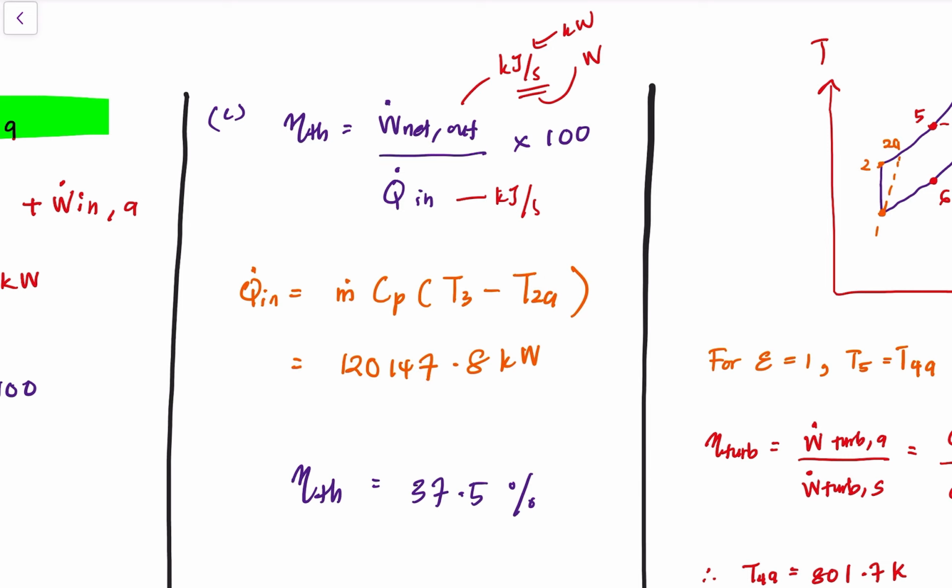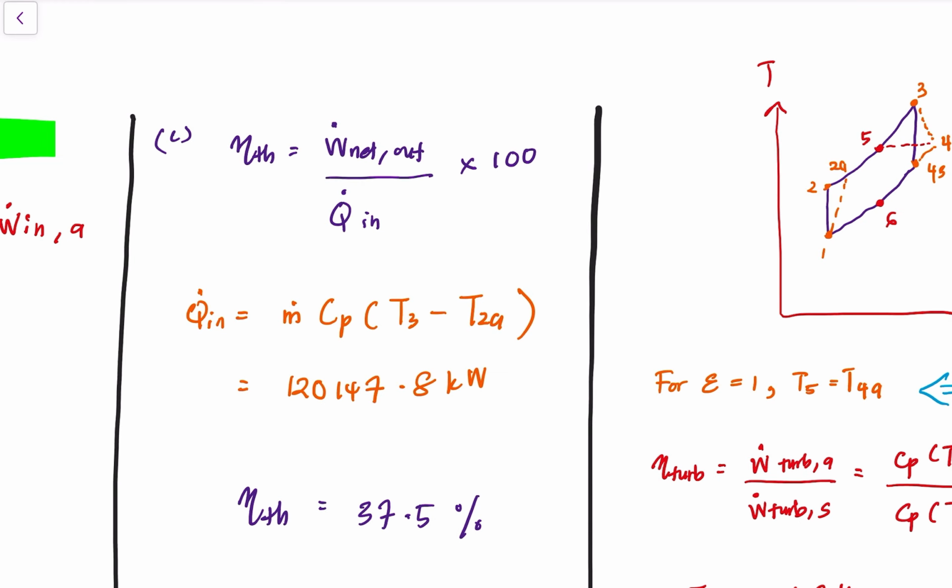Alright, so for you to get the kilowatt, definitely it's going to be enthalpy times the mass flow rate, and the enthalpy of an ideal gas is CpT. So you have the term CpT over here, and definitely you need to times with the mass flow rate.